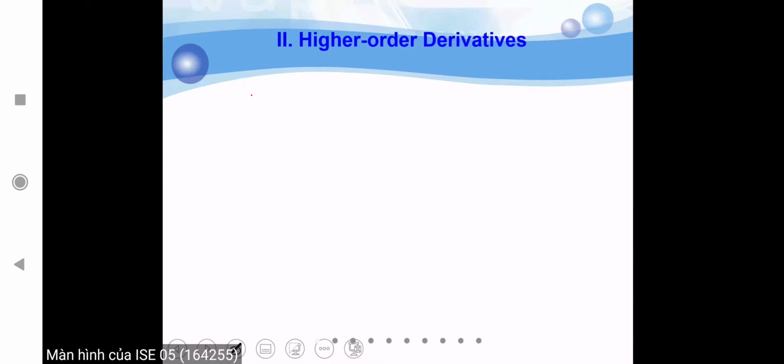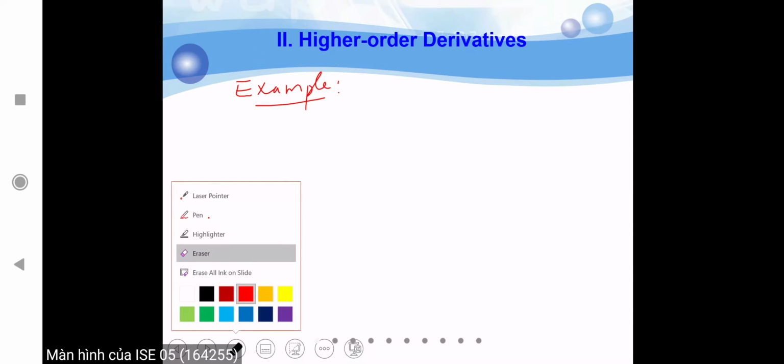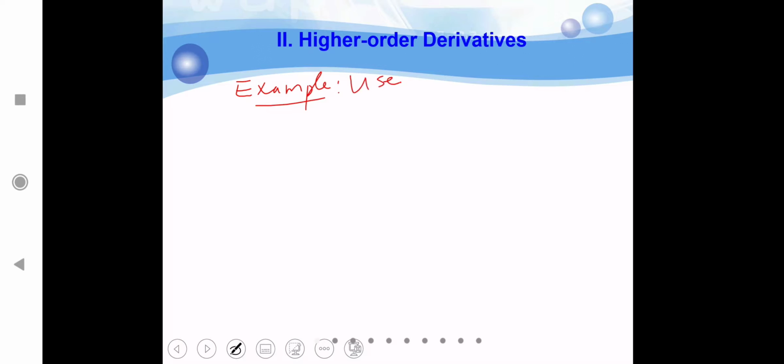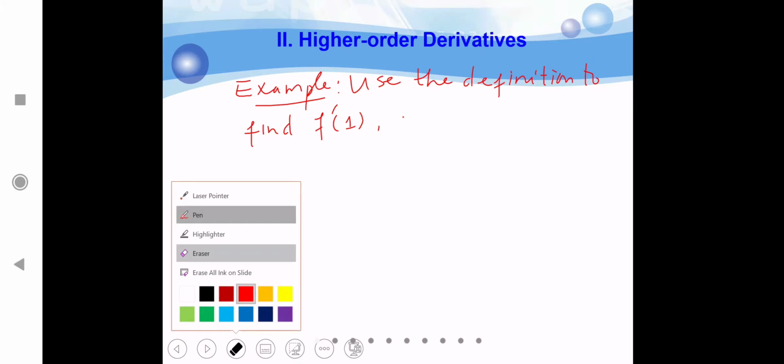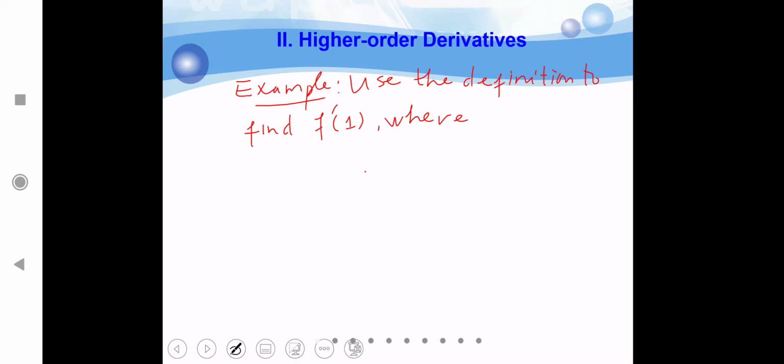Now, I give you an example. Use the definition to find f prime 1 where f is equal to the square root of 3x plus 1.